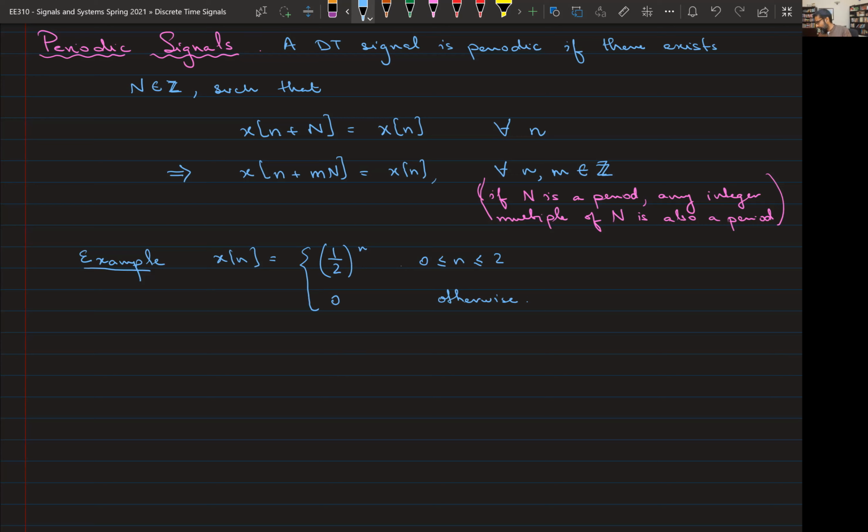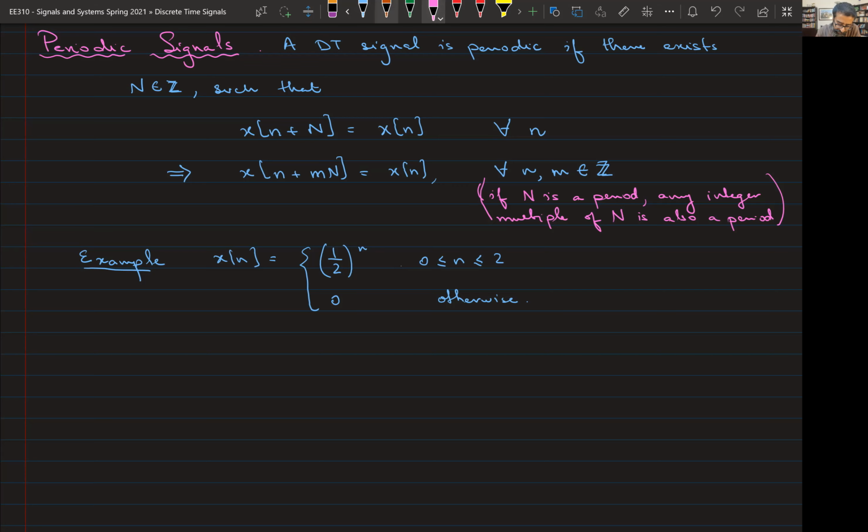What do you think? People say in the chat box it's not. So why is it not a periodic signal? It doesn't repeat. If I were to sketch the signal out, what do I get?